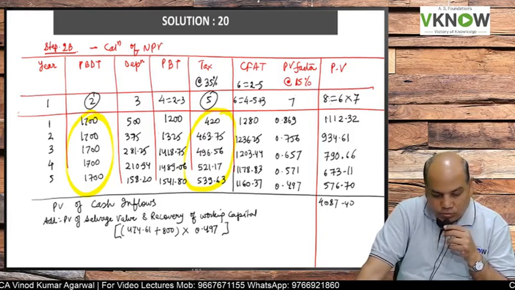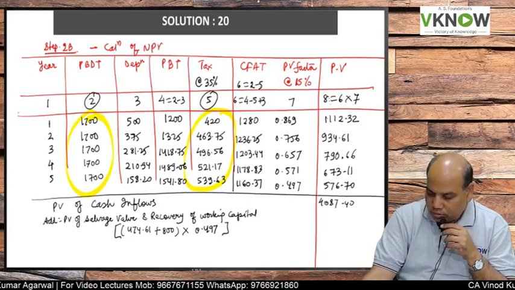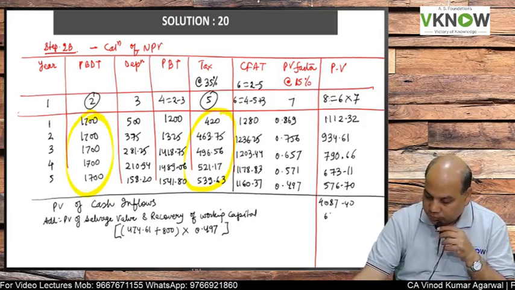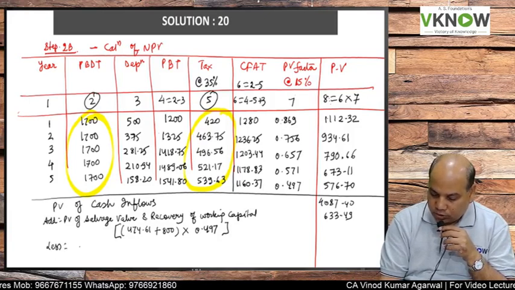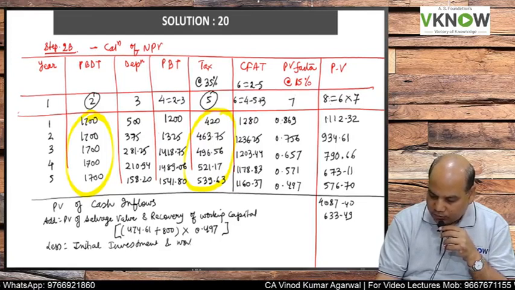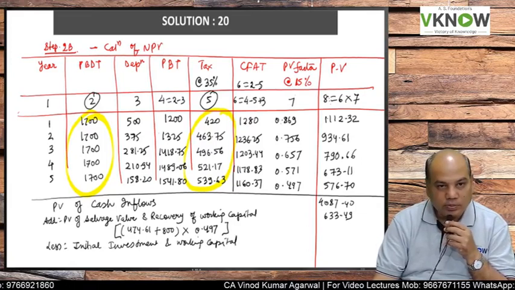Anybody would like to answer? Final answer. 5349. Now write down less initial investment and working capital.